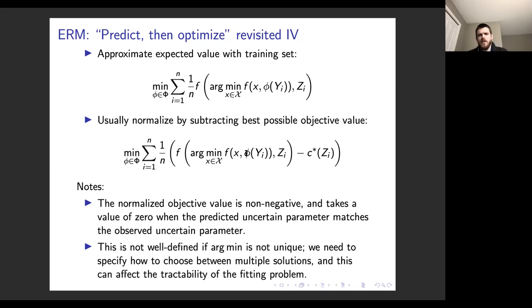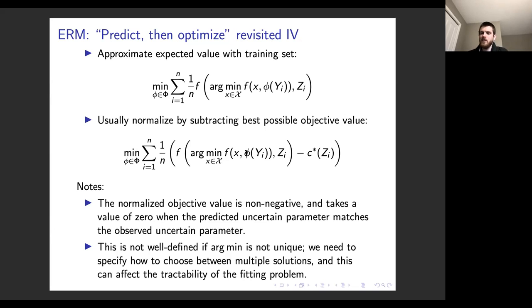Sure. So I think what you're suggesting is like the ERM approach of building a policy directly, if I understand you correctly. Or are you still suggesting doing this in the improved predict and optimize framework?